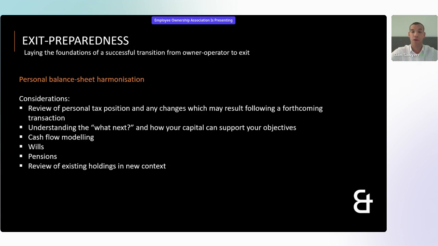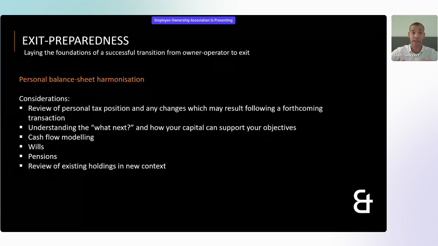In terms of what we ought to be thinking about in advance of an employee ownership trust transaction, typically, an exit event will introduce greater complexity to the personal side of an individual's balance sheet.